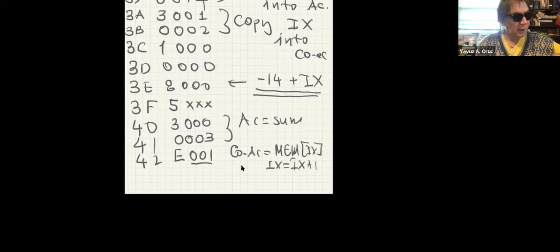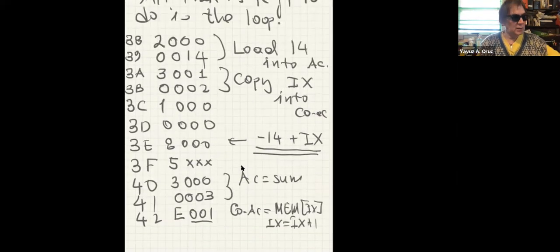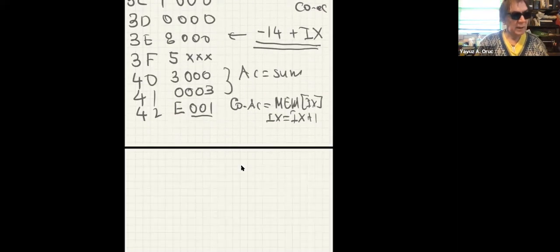So now you copied the running sum into A, and the other part of this summation that you have to conduct now comes from the location that is pointed to by the IX. And now the only thing left to do is basically add the 2.